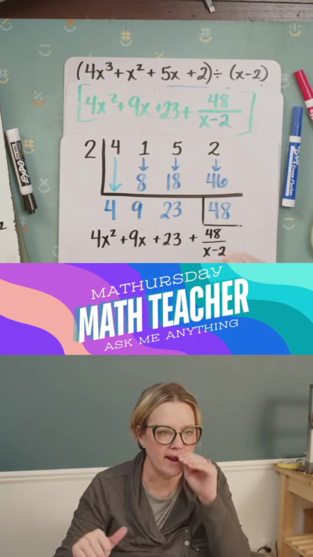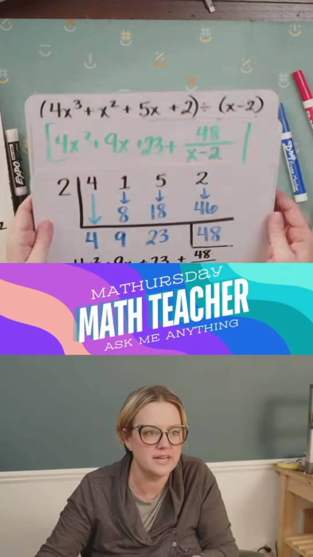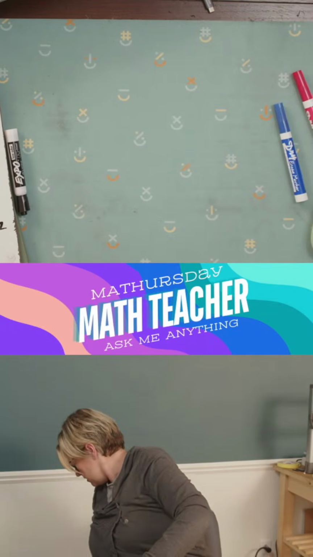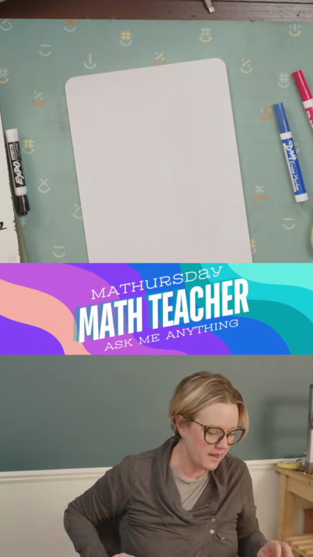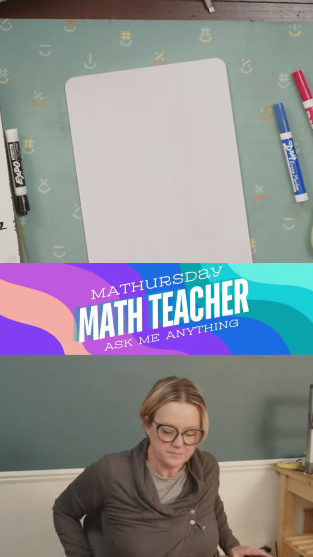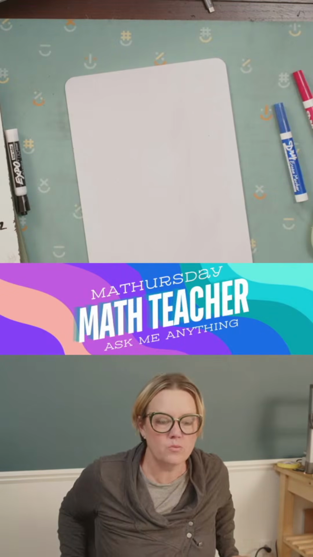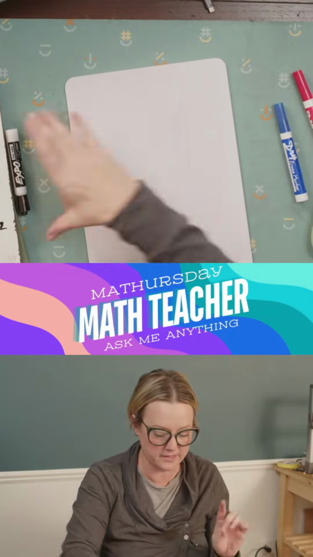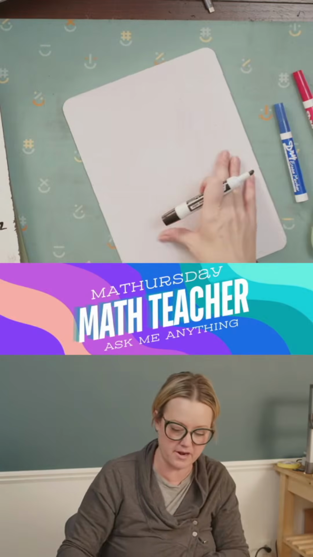Okay. All right. So we've got just a little bit of time left, and we've had some questions about rationalizing and working with radicals. Okay, so let's go over radicals a little bit. I did it at the very beginning when we were talking about imaginary numbers.